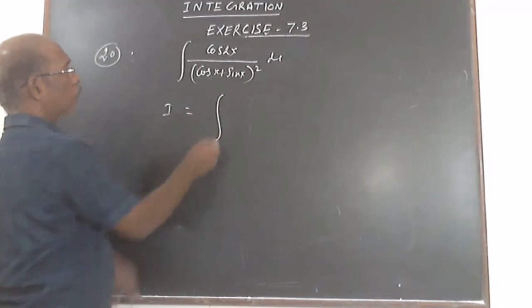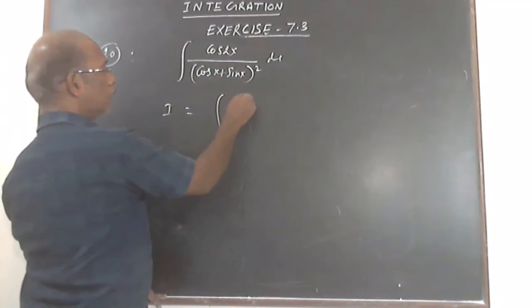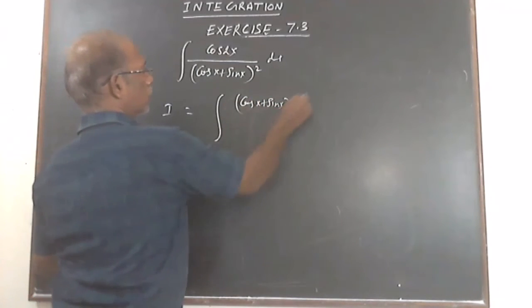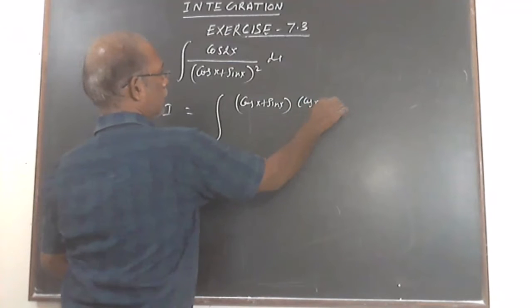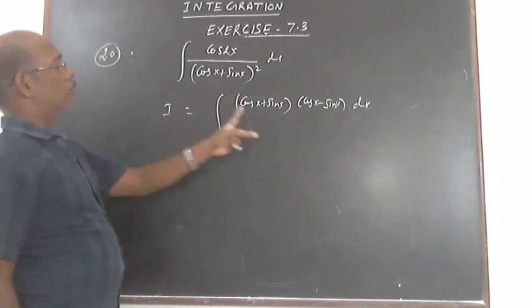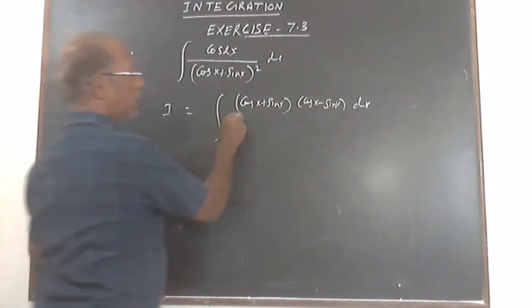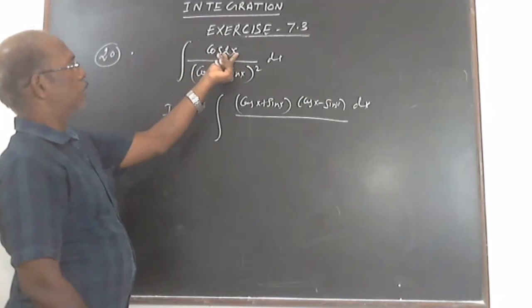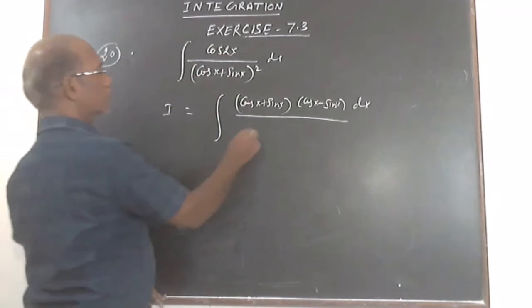Using an identity, cos 2x can be written as cos x plus sin x into cos x minus sin x. Why? Because the multiple angles should be converted into basic angle. This integrand is a combination of multiple angle as well as basic angle.